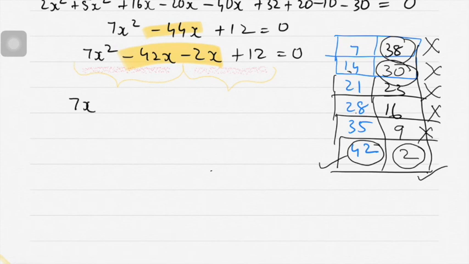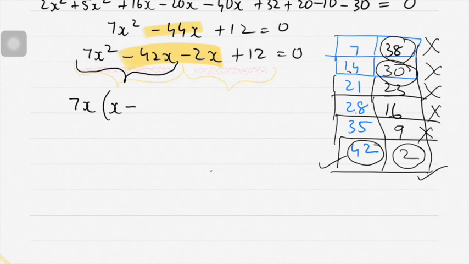Common between both is 7x. What is remaining? x is remaining. That's why 7x into x will become 7x square.